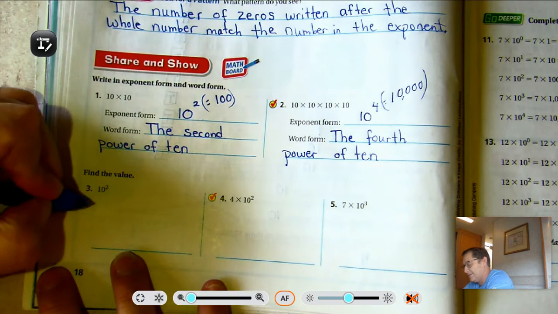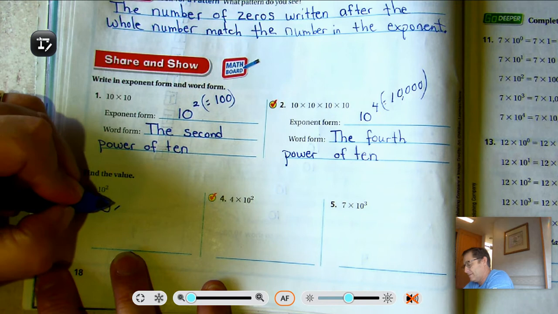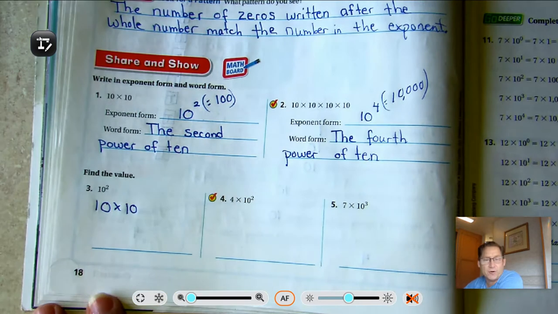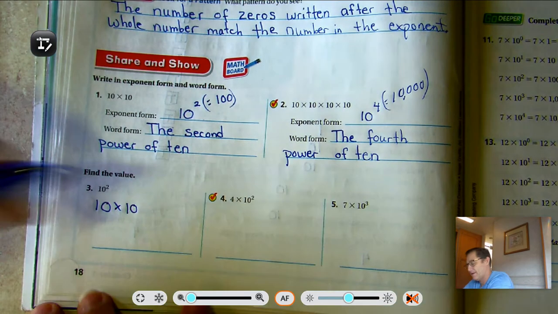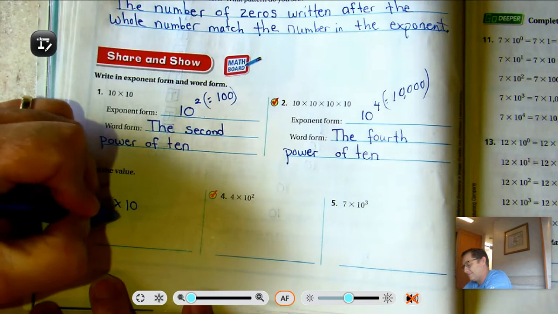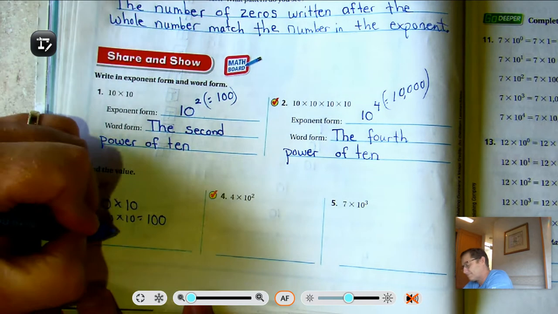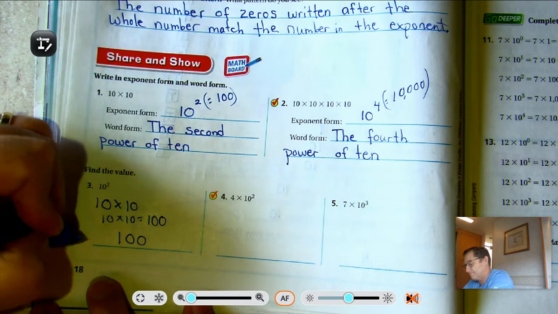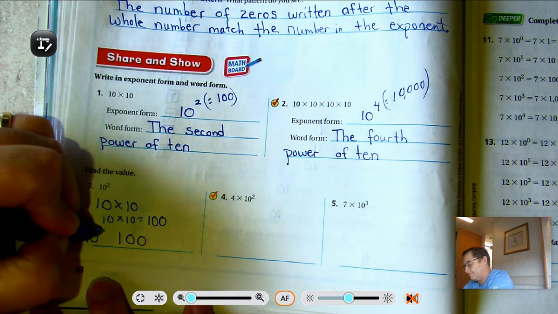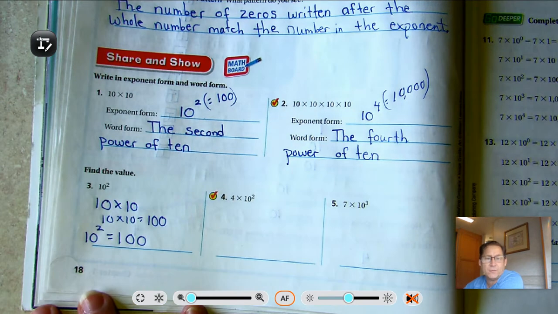All right, so find the value of the second power of 10. Well, we just did that. 10 to the second power means 10 times 10, and 10 times 10 equals 100. So the second power of 10 equals 100.